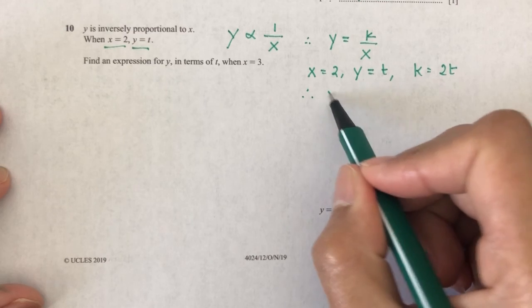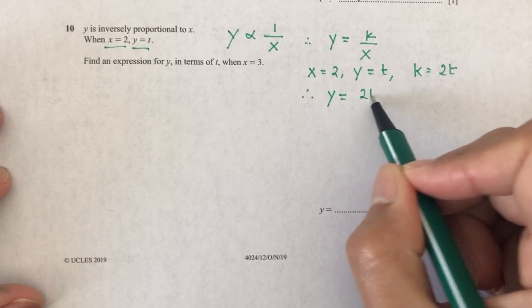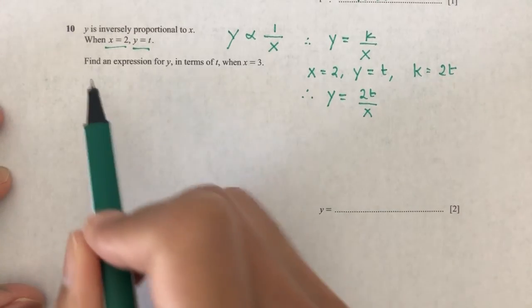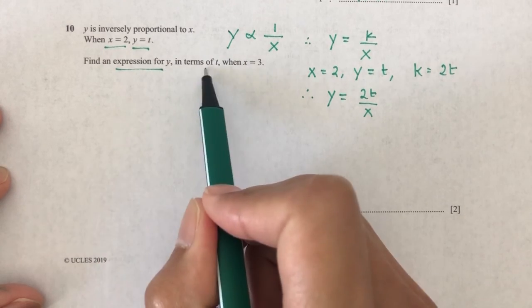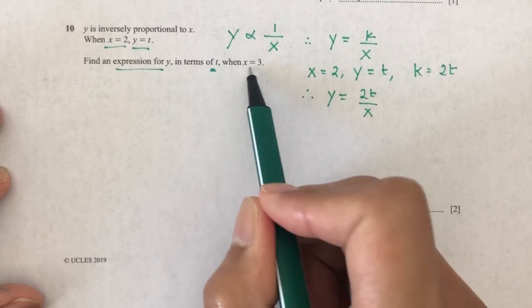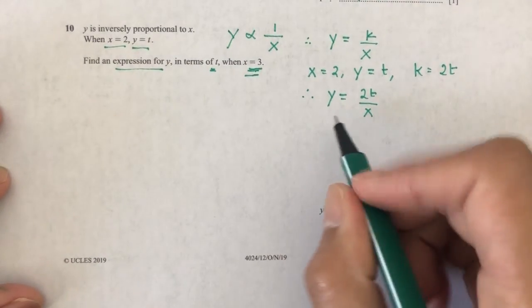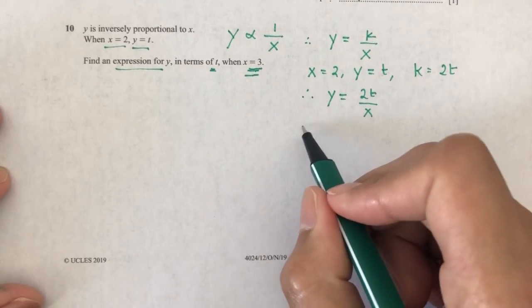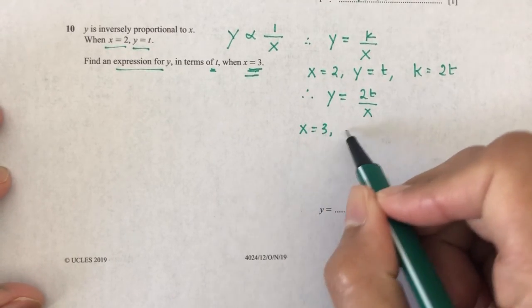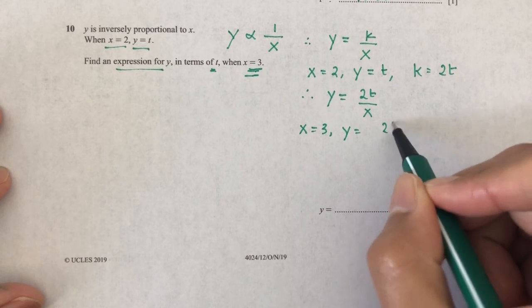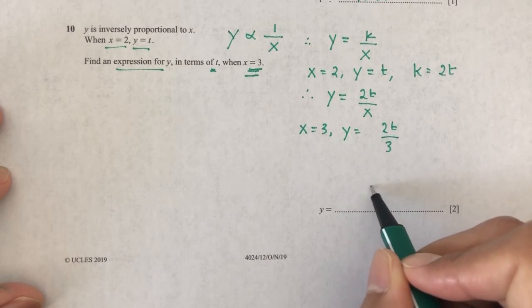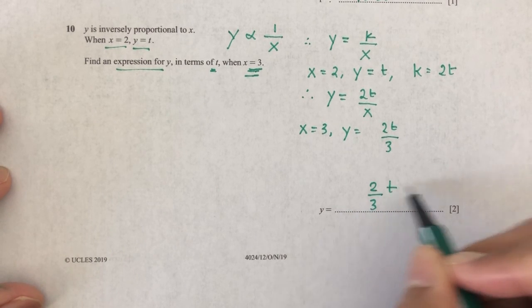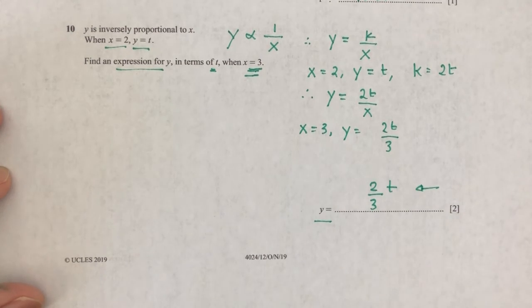So the equation now is y equal to 2t over x. Find an expression for y in terms of t when x equal to 3. So replace x by the value of 3. So when x equal to 3, the value of y is 2t over 3. And this is your answer for y.